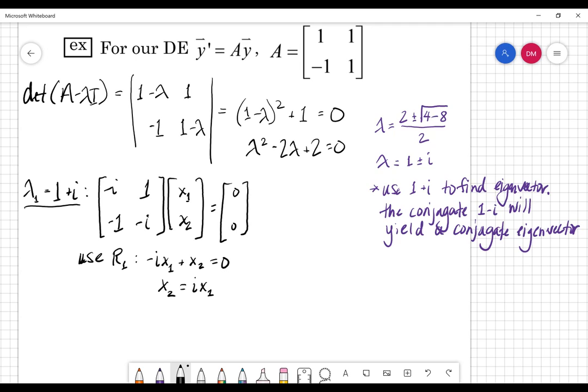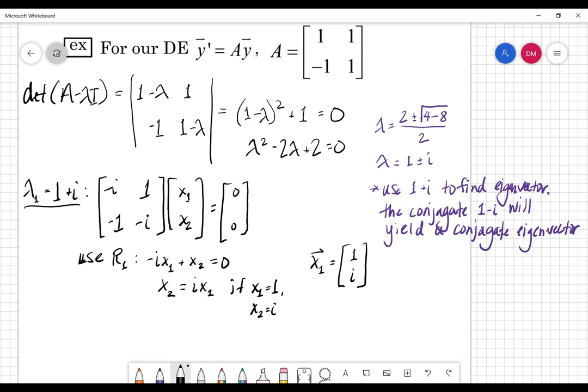If I call x sub 1 equal to 1, then x sub 2 just has to be i. And that's pretty easy. So we're going to call our eigenvector 1, i. All right, so there's our first eigenvector.